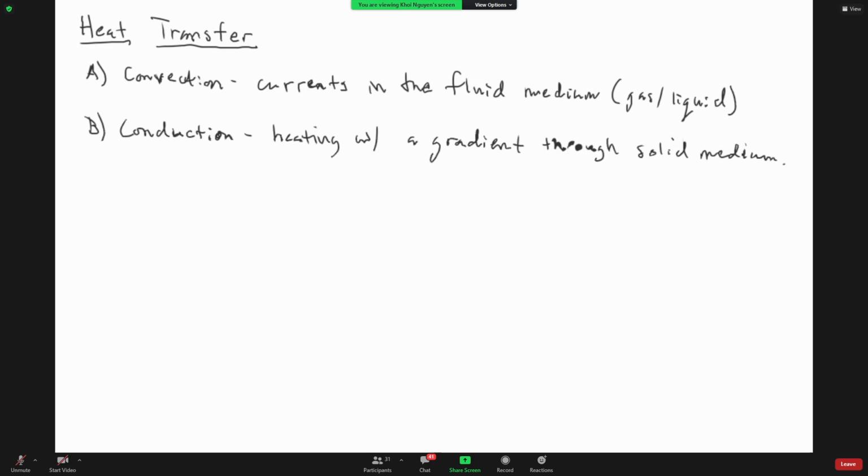So convection is liquid and gases, and conduction is through a solid medium. In the oven, the fluid medium is gas. The fan is blowing the hot air above and below your roast, your turkey, whatever. It's just atmospheric gas. It's not some special gas. But yes, that's what you're cooking with, right?